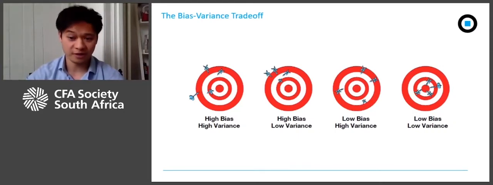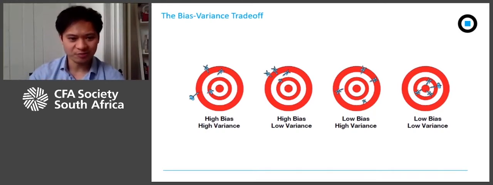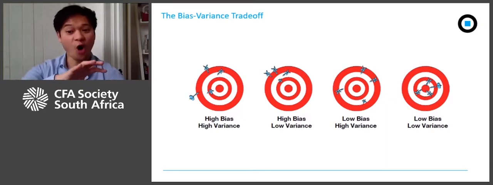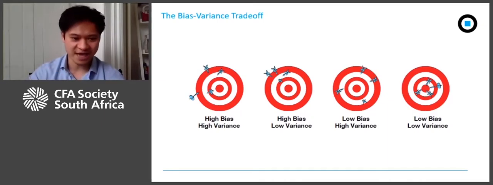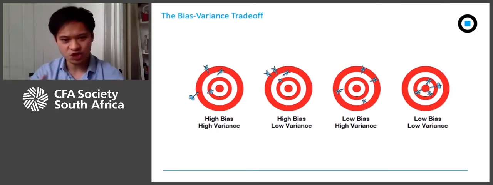So would you rather risk having high bias, where your aim is slightly off but you're consistent, or would you rather risk having high variance, where you're right on average but there's a lot of variation each time you throw a dart? So the bias variance trade-off is a key concept in machine learning, because the models have so much flexibility. You need to determine how much of each you want to allow.